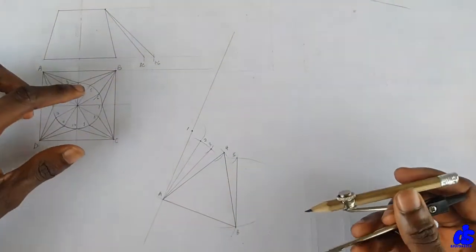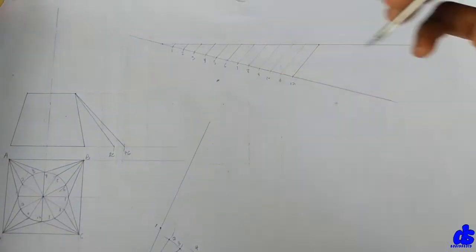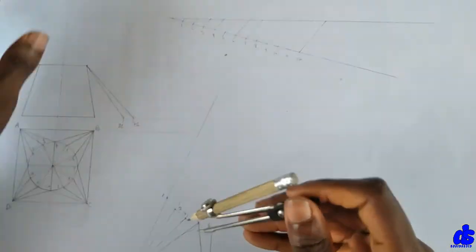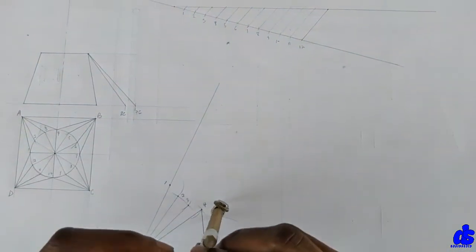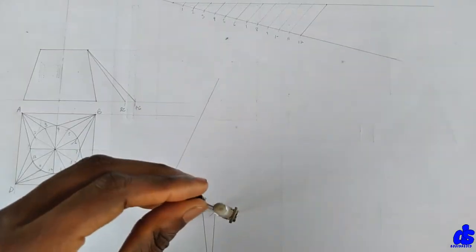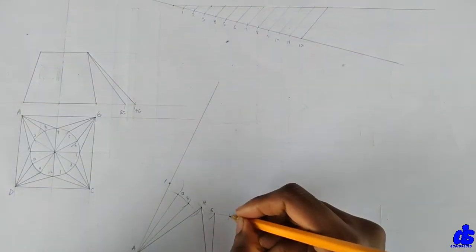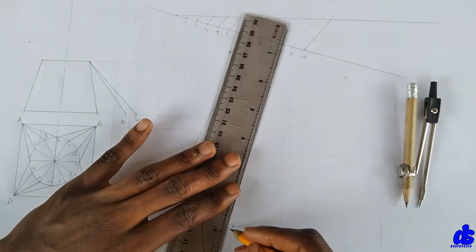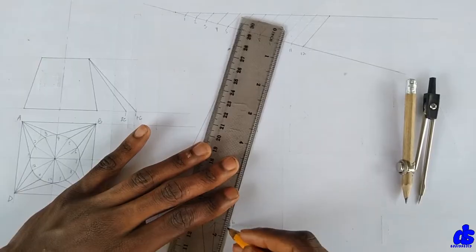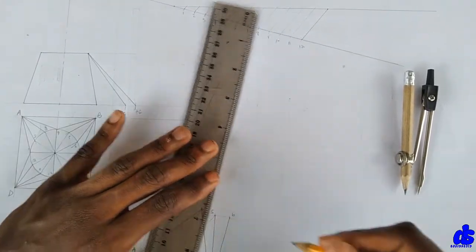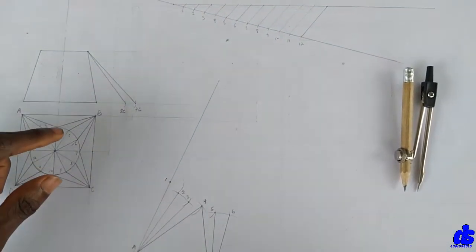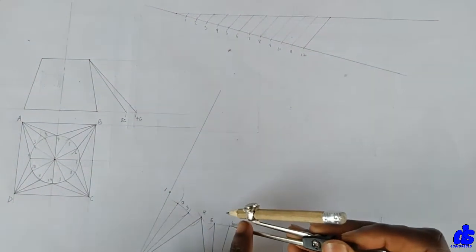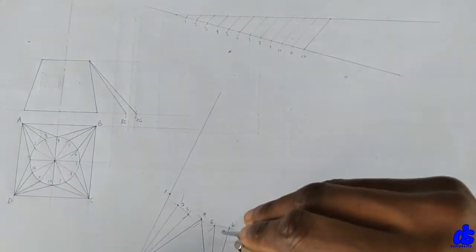Next, I'm moving on to point 6. The distance between is this one. So you pick this. Stand at point 5 and describe an arc. And that gives us point 6. We'll join it to B. Next, we are going to 7. We need to get that distance. Okay, we have it already. We stand at 6 and describe an arc.